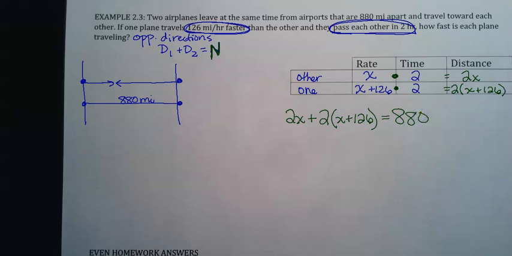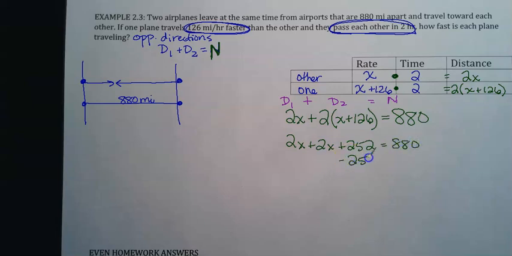Okay, so again, this is just that D1 plus the D2 is equal to the total distance. We're using that formula to set it up. And we got our D information from our chart that we were able to pull it all together. All right, so now let's solve it. So we've got 2x plus 2x plus, because we're distributing, 2 times 126 equals 252, equals 880.